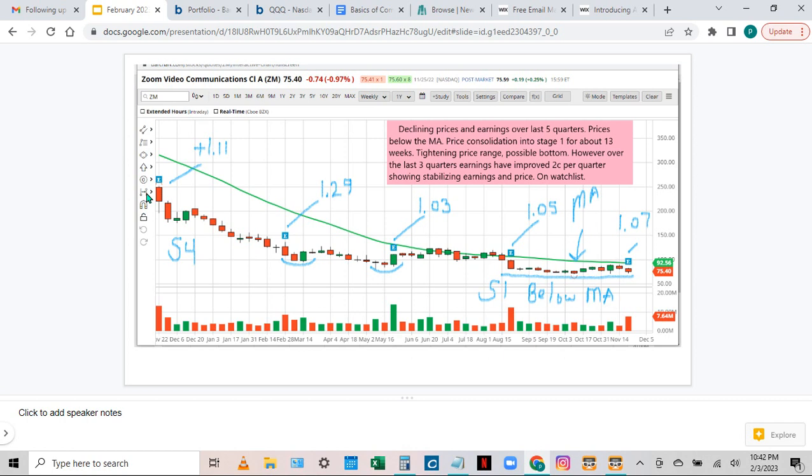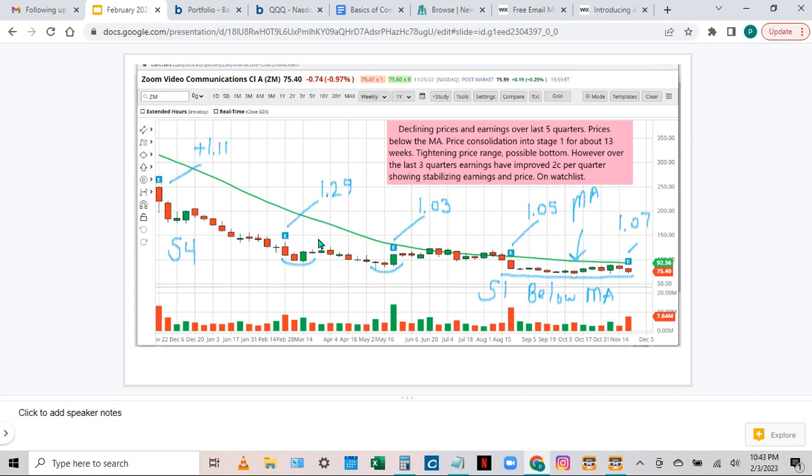Had earnings December of $1.11 per share. Okay, and price came down. And then the next earnings report, which looks back in time, they reported $1.29 earnings. So earnings actually improved from December to February of 2021.